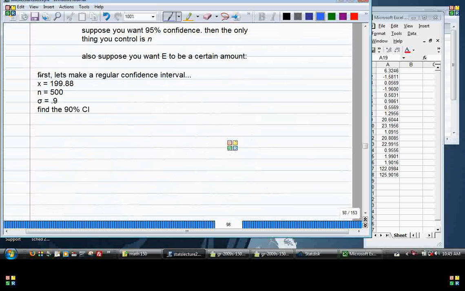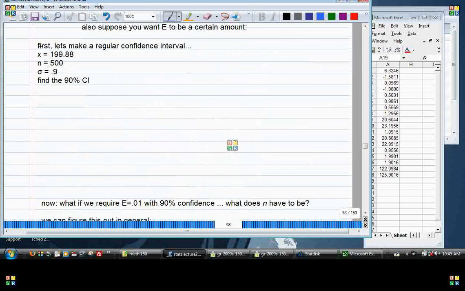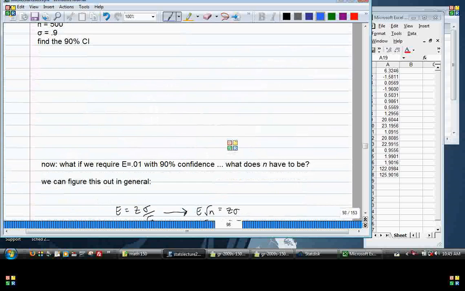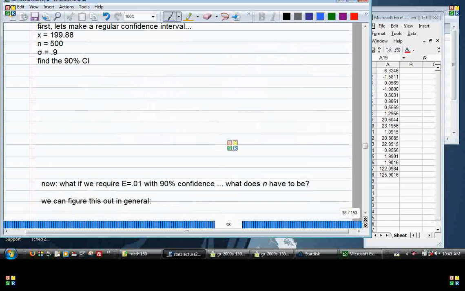I'm going to come back and do this problem next time when we have more time, but I do want to show you one thing. Suppose we want to specify what E has to be. In other words, we don't just want to calculate the confidence interval and then ask what the margin of error was. What if you want to have a certain margin of error?